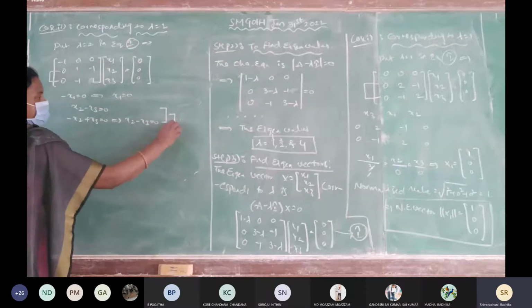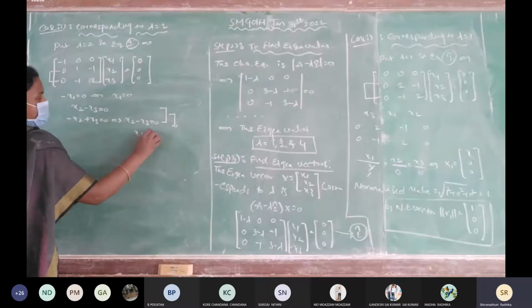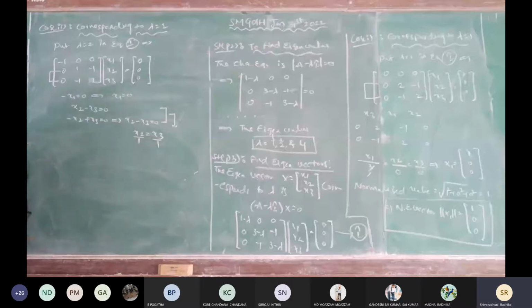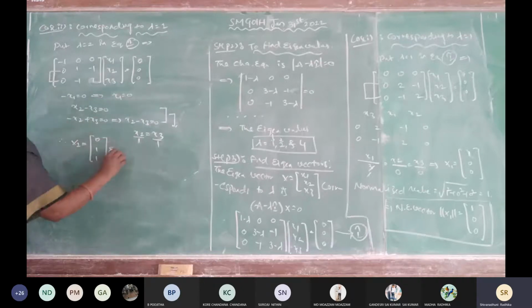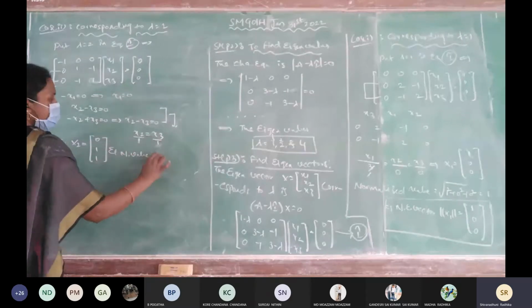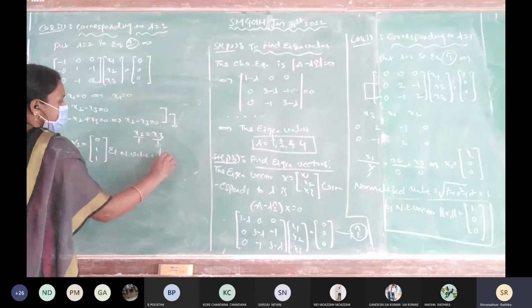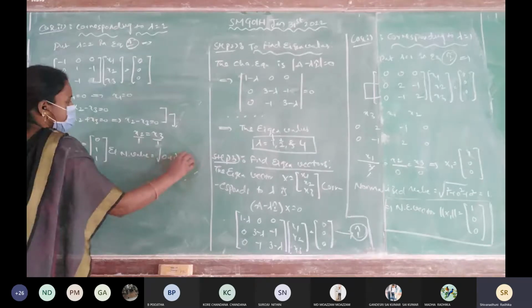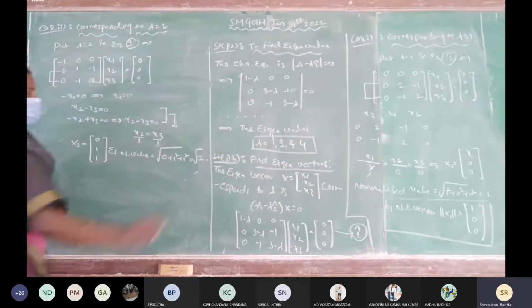So, by the simplification, we get x2 equals x3, so x2 by 1 and x3 by 1. Therefore, the eigenvector is x1 0, x2 1, x3 1. And what is the normalized value? Under root of 0 plus 1 square plus 1 square, which equals root 2.